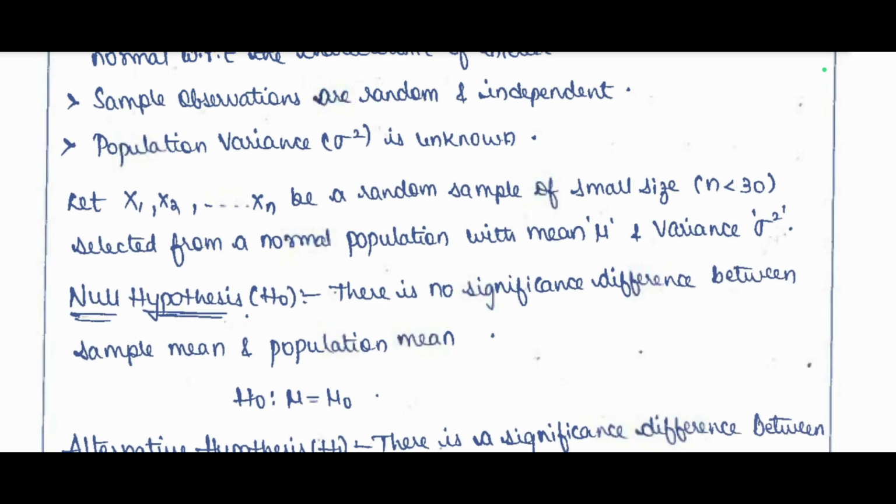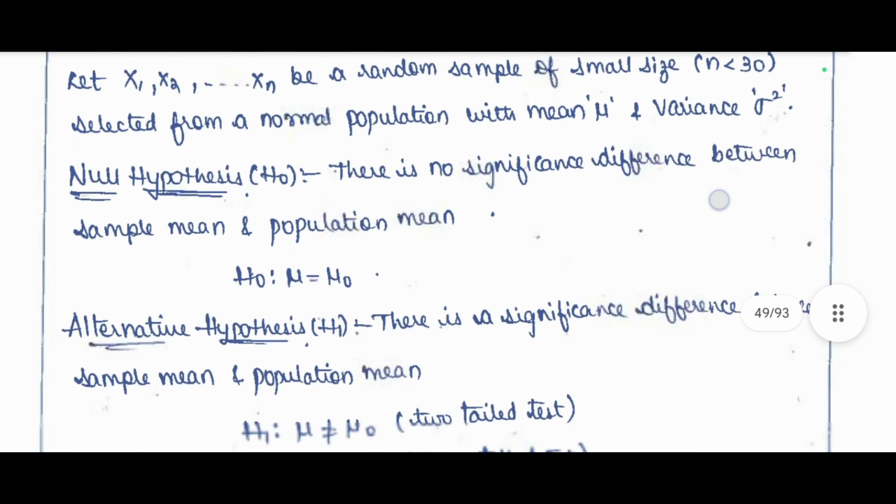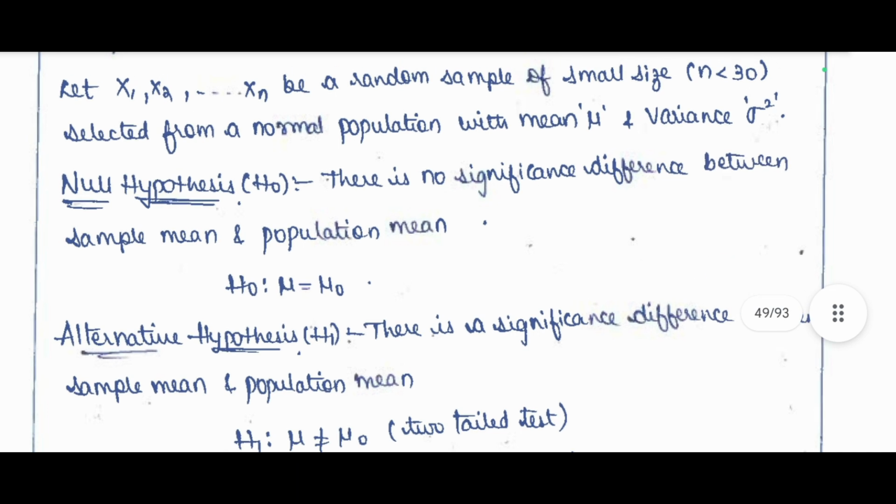Let x1, x2, x3 and so on xn be a random sample of size n less than 30, that is a small sample, selected from a normal population with mean mu and variance sigma square. Null hypothesis: there is no significant difference between the sample mean and the population mean, H naught: mu equals mu naught.